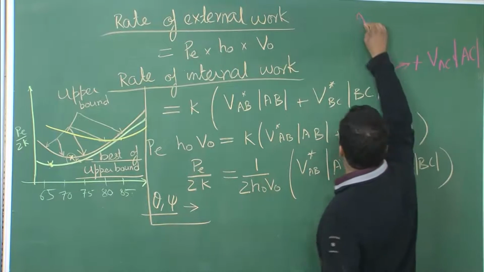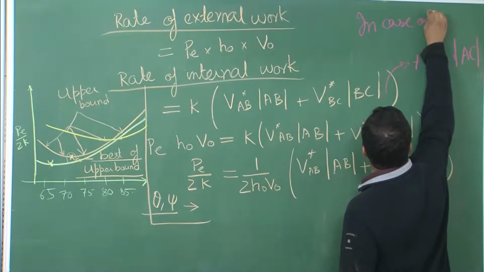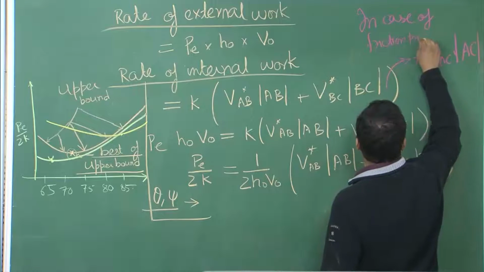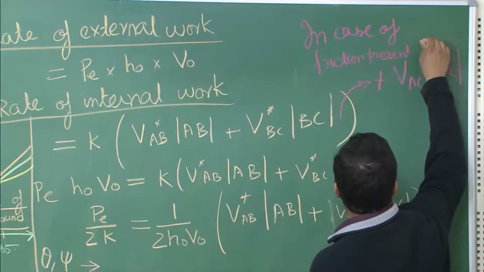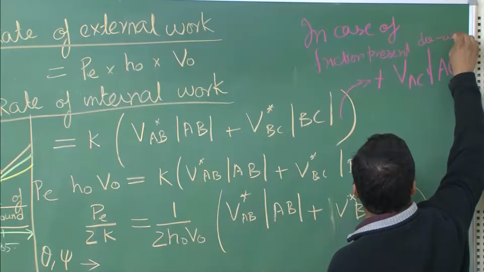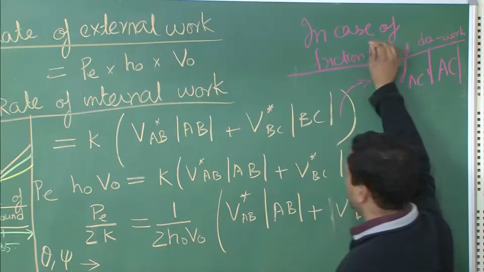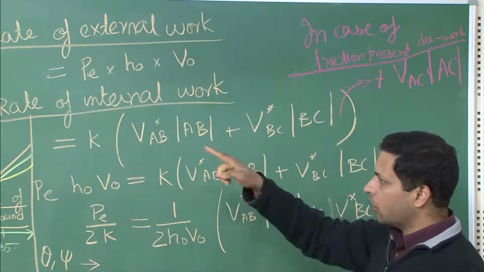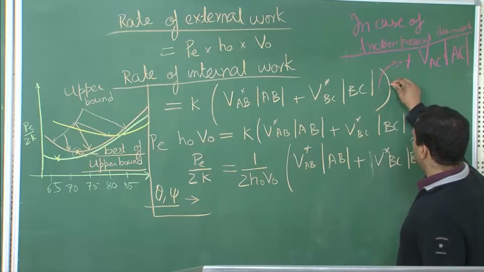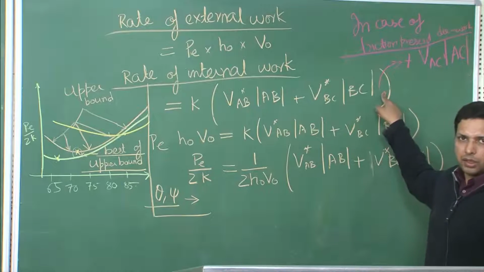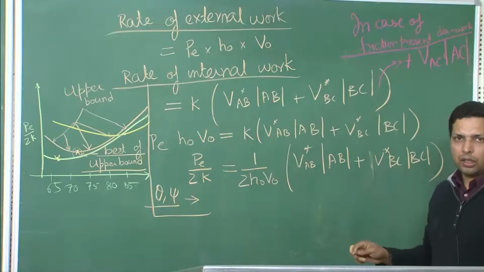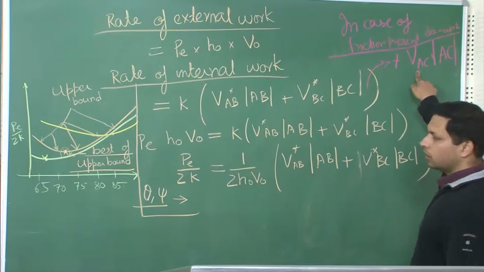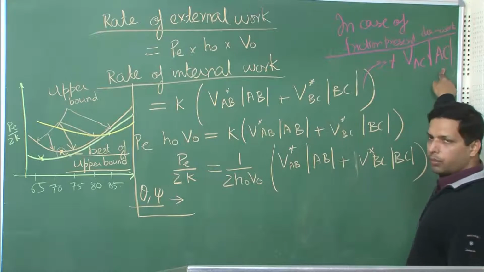In case of friction present between die and work: when there is friction present between the die and the workpiece, which is along that AC, what it will change is that there will be another term over here, because another work, not necessarily internal, is getting done over here, and that is with velocity VAC along plane AC.